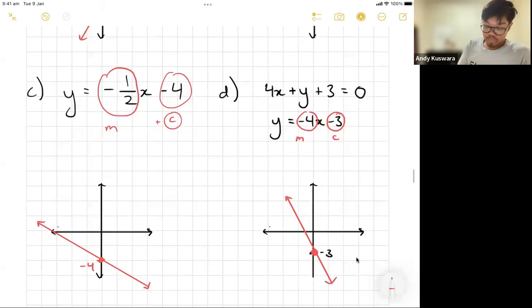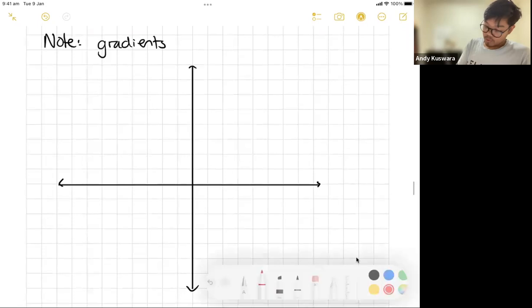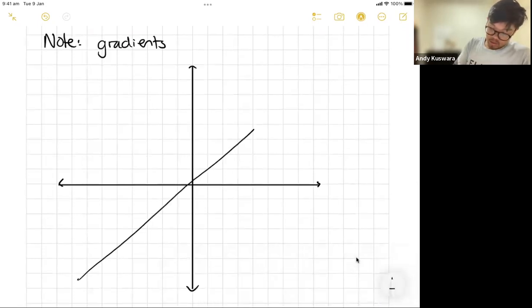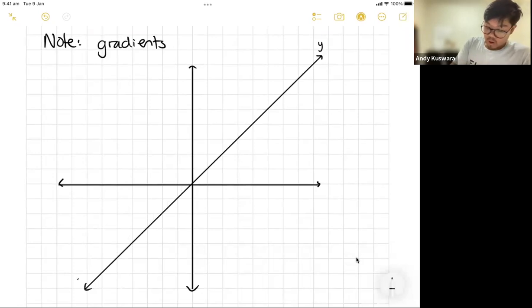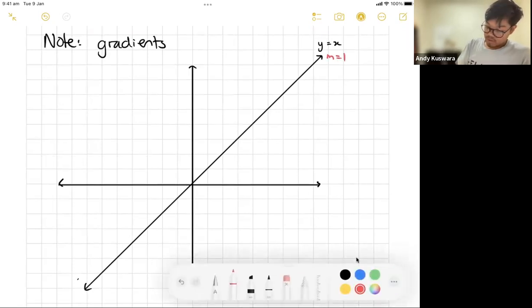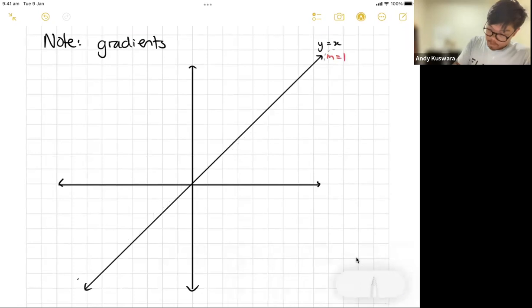Okay. Now, a little note on gradients. If I have a dead straight line here, this is y equals x, and this is a gradient of 1.